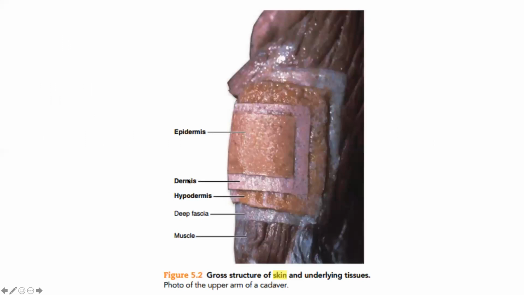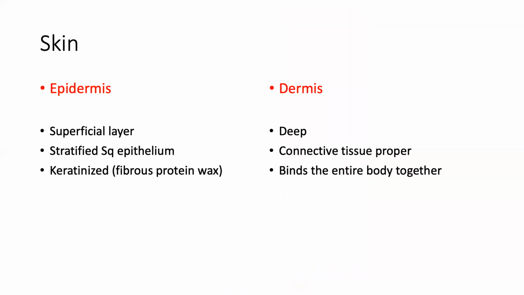So the skin is made of epidermis and dermis. Deeper to the dermis, we have a hypodermis layer, which is not included in the skin. So epidermis is a superficial layer, dermis is a deeper layer. Epidermis is made of stratified squamous epithelium, which means multiple layers of squamous, meaning flat, cells.